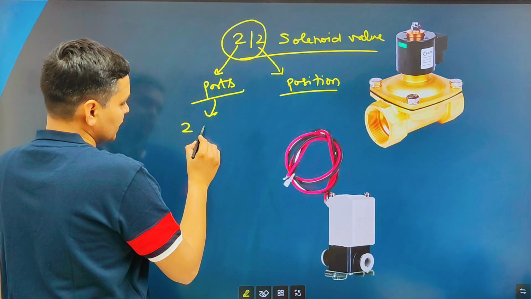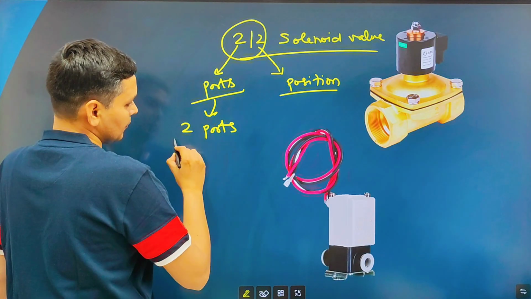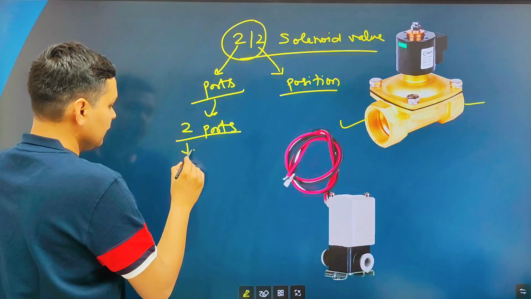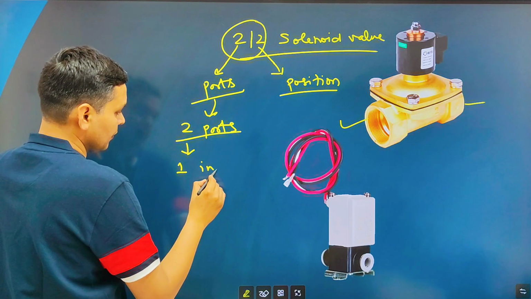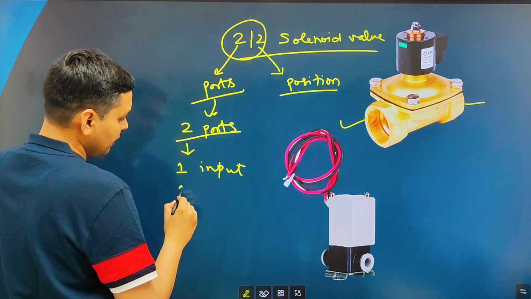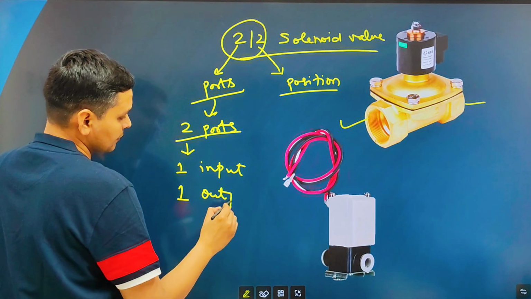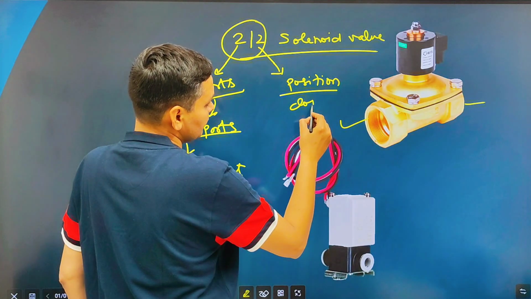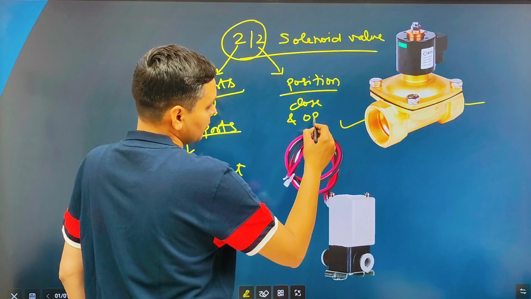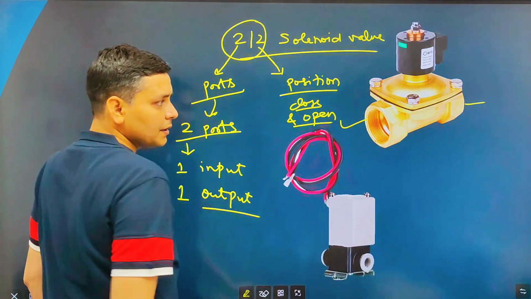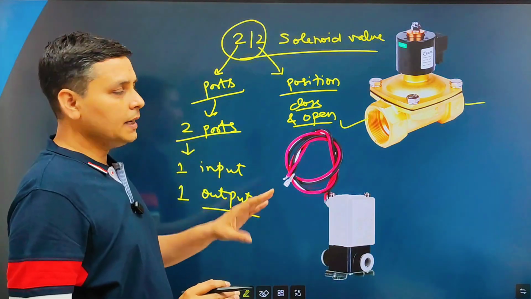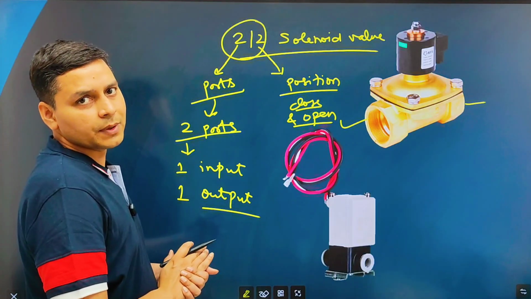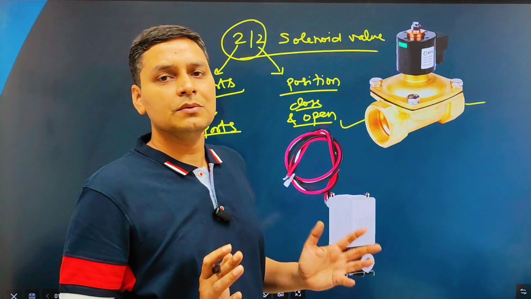Two ports are there, 1 and 2. One is input and one is output. And positions mean close and open. Two positions are there. It opens and closes. So this is the 2x2 solenoid valve and it is used in water lines.